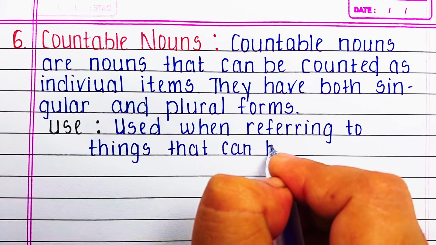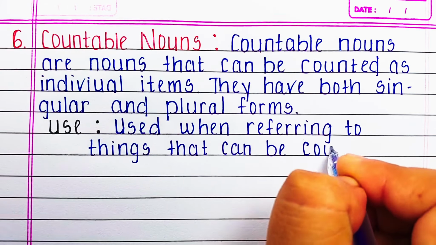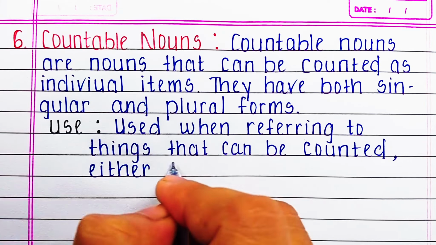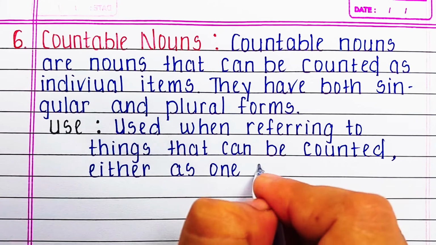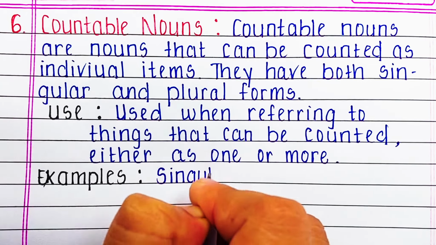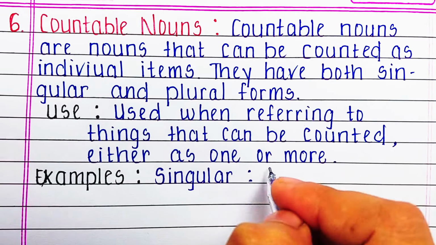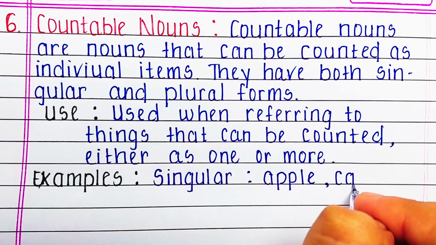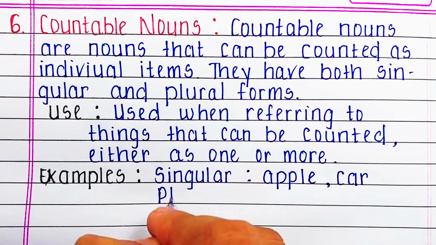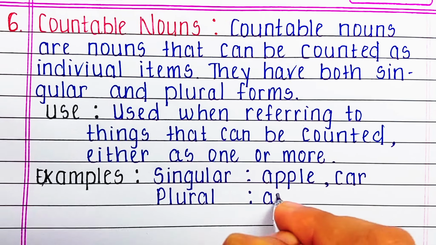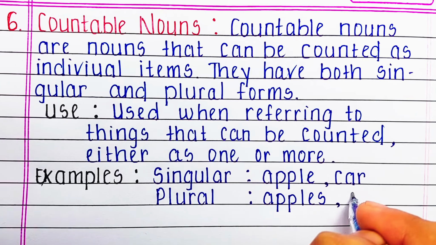Use: they are used when referring to things that can be counted either as one or more. Examples for singular: apple, car, etc. If we convert it into plural form, we will write apples, cars, etc.